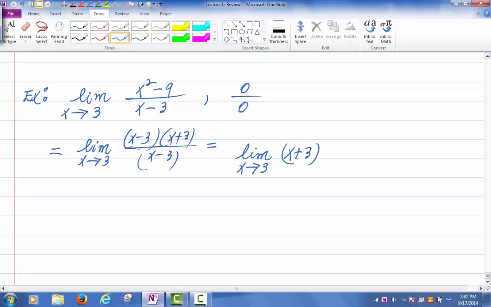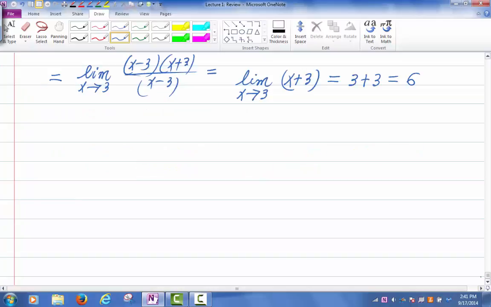It means that the value of the fraction is the same as the value of x plus 3, except at 3, right? So these are the same functions except at 3. But I don't care what happens at 3. I care when x is close to 3. So the limit of this is the same as the limit of x plus 3, which is what? Now I can plug in because it's a polynomial, right? I can plug in and that's just 6. Is everybody okay with that?